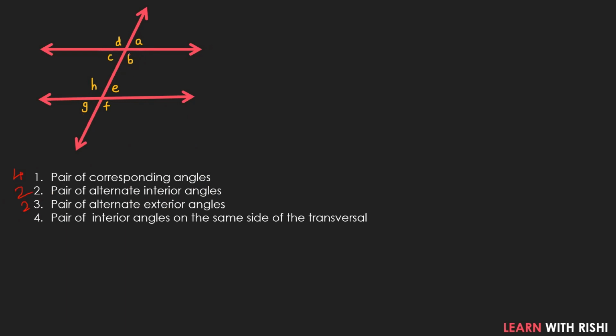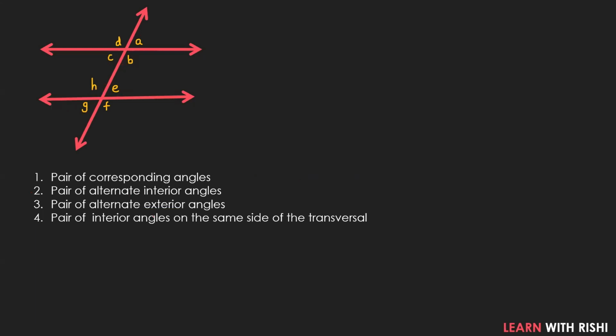So inside there are only 4 angles you can see: angle B, angle C, angle E, and angle H. If I consider B, alternate is nothing but opposite, so I need to consider angle H. So angle B and angle H will be our pair of alternate interior angles. Similarly, angle C and angle E will be my alternate interior angles.